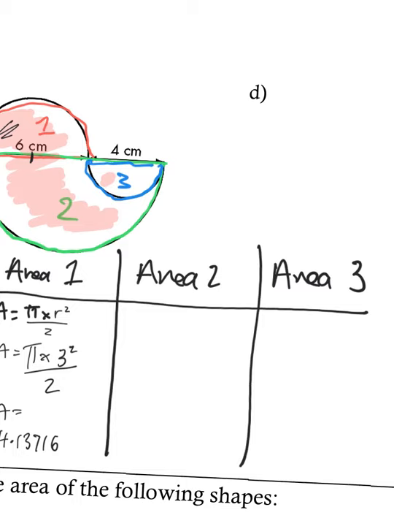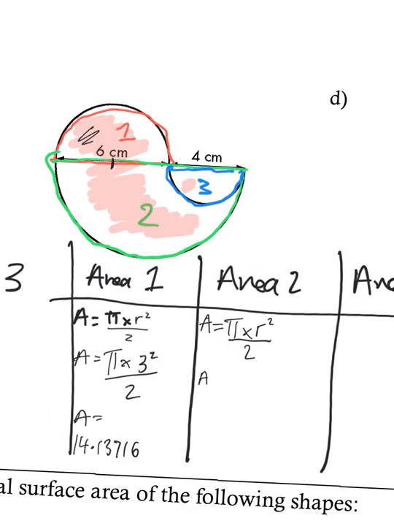We're going to keep going with area 2. Again, because they're semicircles, we're using the same rule. Now, for this semicircle, the diameter we can see is the 6 and the 4. So the radius is going to be half of 6 plus 4, which is 10, half of that's 5.